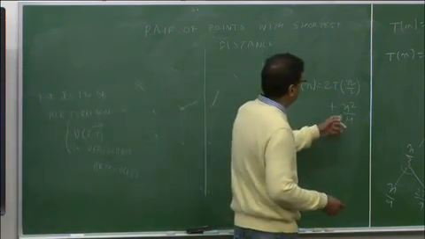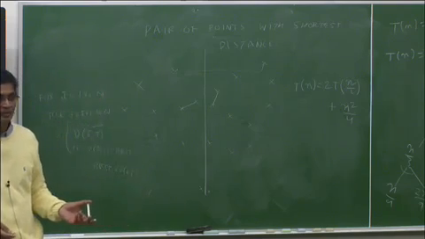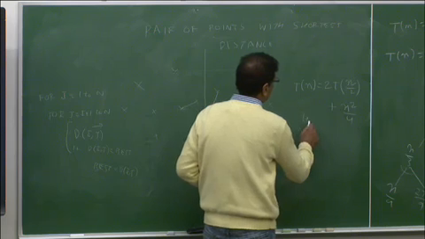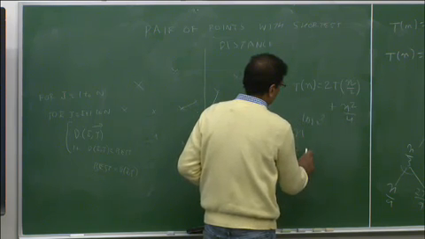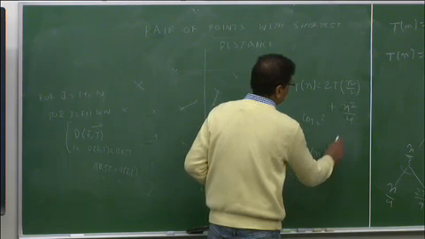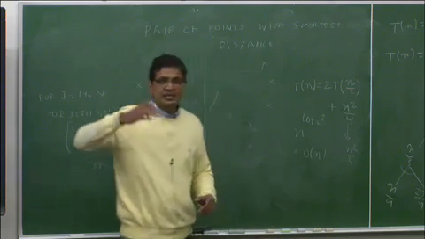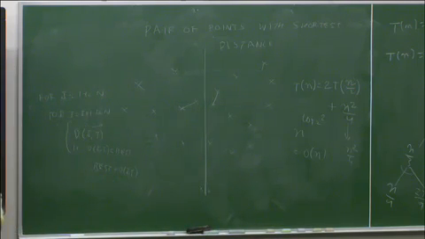Now, what will happen in this case? I apply my Master's theorem. What do I get? n to the power log 2 to the base 2, which is nothing but order of n, and this is nothing but n square over 4. So, this is the case in which the top part decides the overall time, because f of n is taking more time than n to the power log a to the base b.